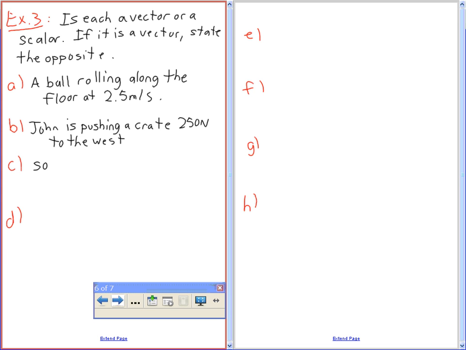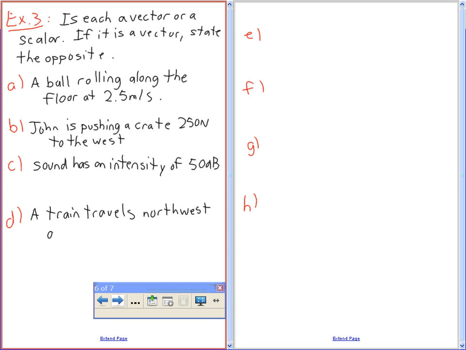Sound has an intensity of 50 decibels. The train travels northwest at 115 kilometers per hour.